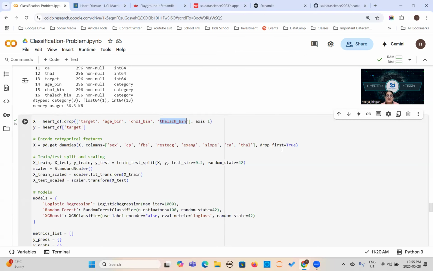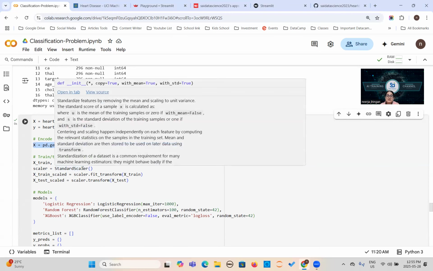Now you are thinking, why are you using get dummies? This is already converted by the label encoder. But you know what the problem is with the label encoder: when you have four classes, 0, 1, 2, 3, 4, when your value is 4, your model might think its magnitude is very high and that it should give priority to this one.